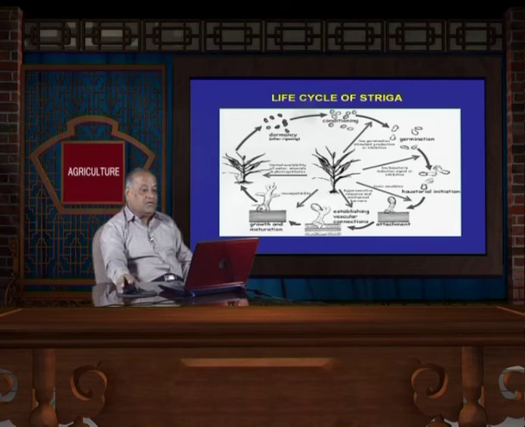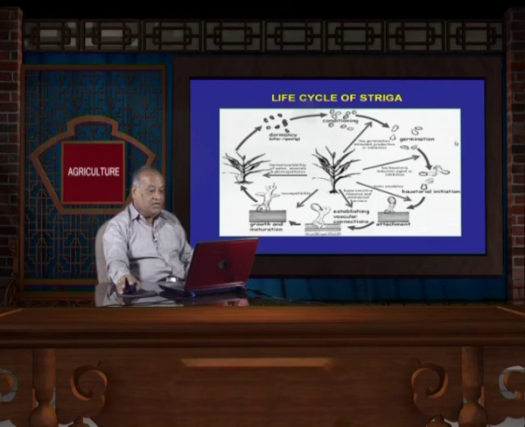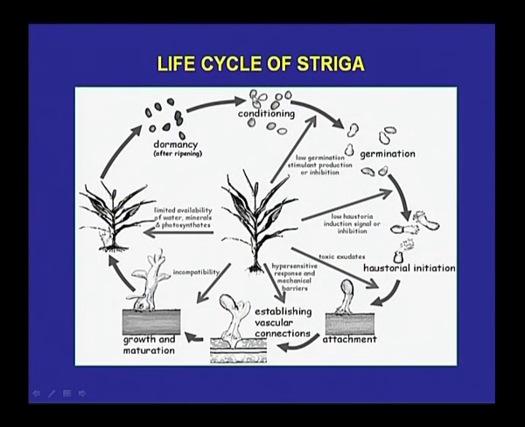This is the life cycle of the striga. You see these are the small seeds of the striga plants. They germinate with the help of root exudates, and the initiation of the haustoria you are seeing here, and by the haustoria they attach on the surface of the roots. They attach to the vascular system. This is the vascular system of the host plant, and this is the striga.